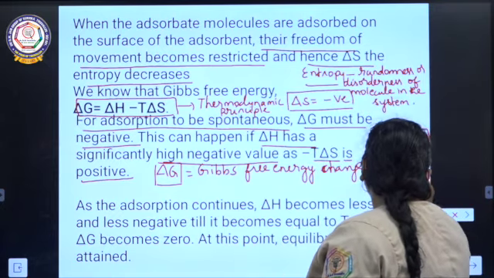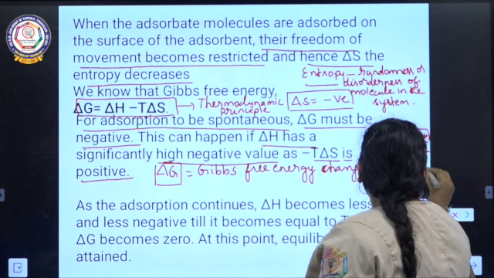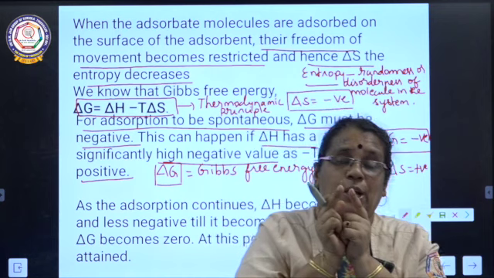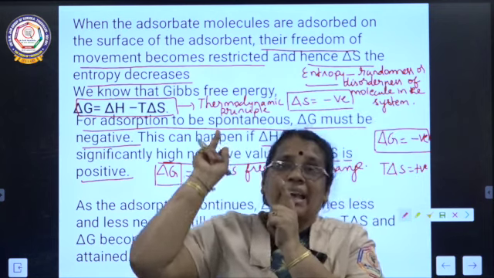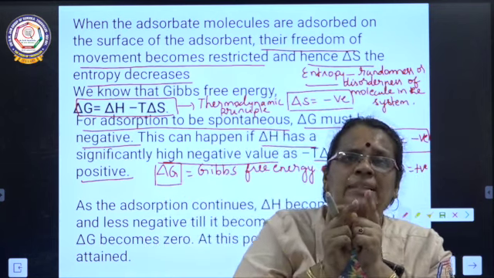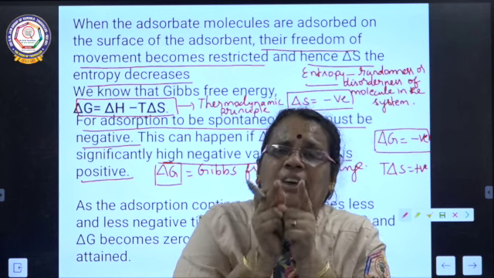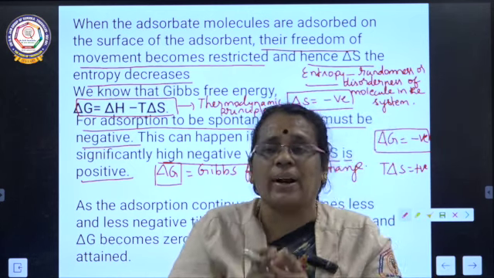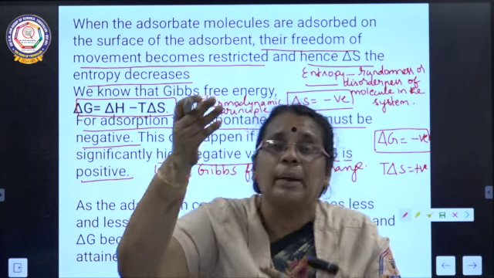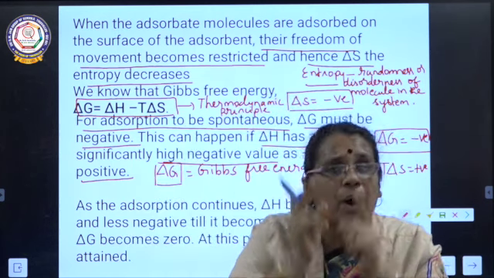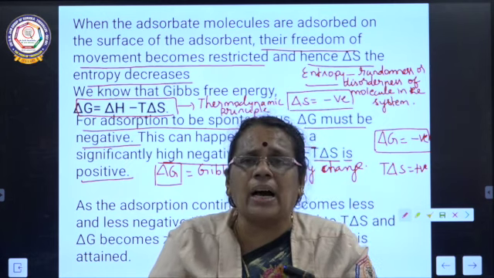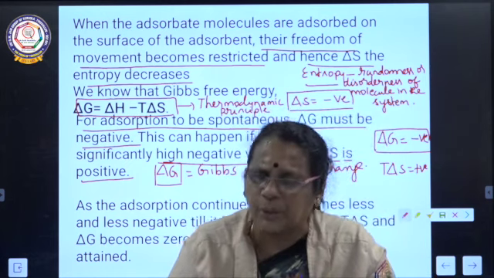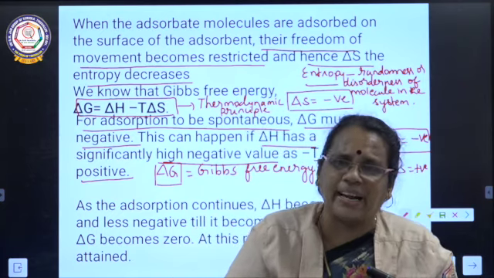In such a case, when delta H has a high negative value and T delta S becomes positive, because I am restricting the movement of the molecules, entropy decreases. So from positive it becomes negative. For a spontaneous process, delta G should be negative. Already delta H is also negative. Delta G is also negative.